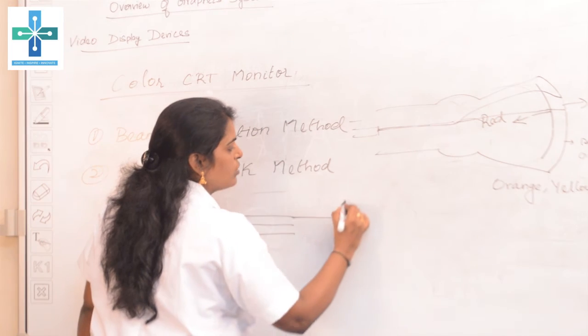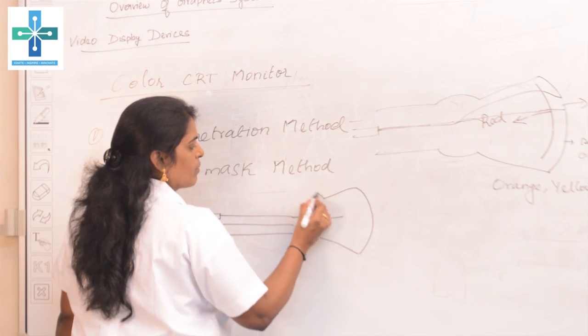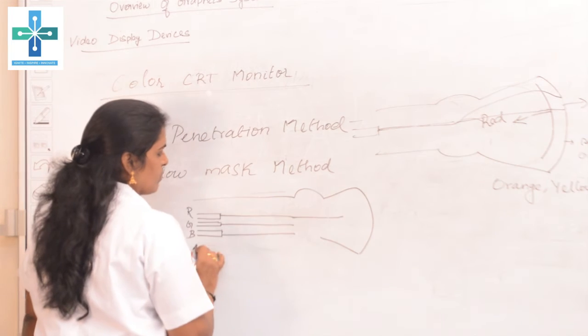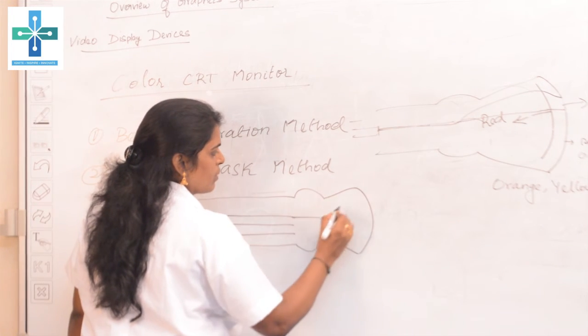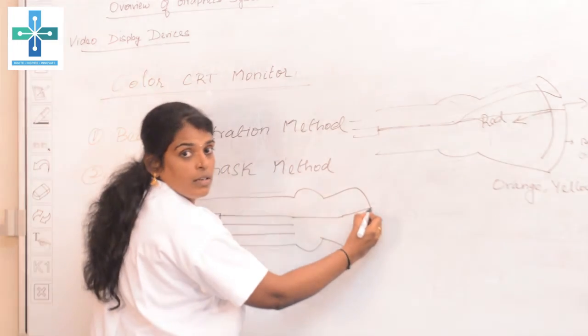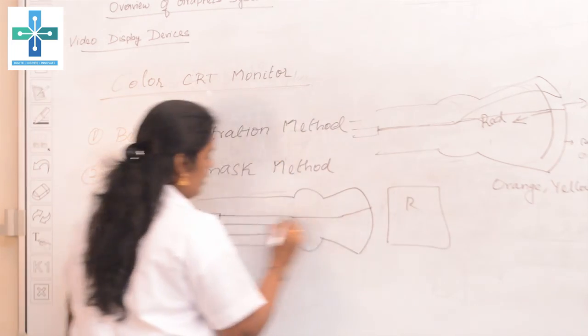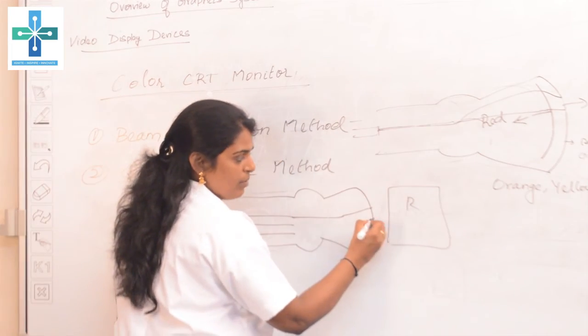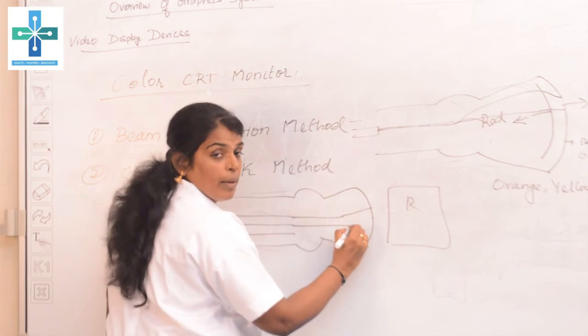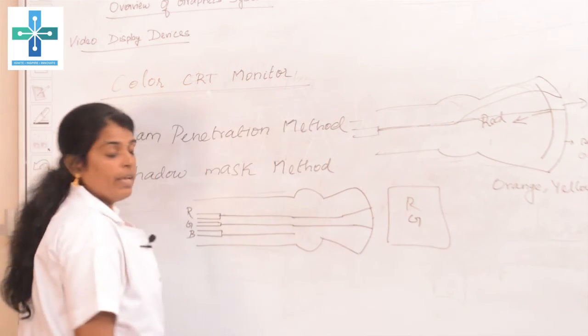So when it falls on the screen, if the red electron beam is emitted on the screen, it will be displayed in red. If the green electron beam is emitted, then green will be displayed.